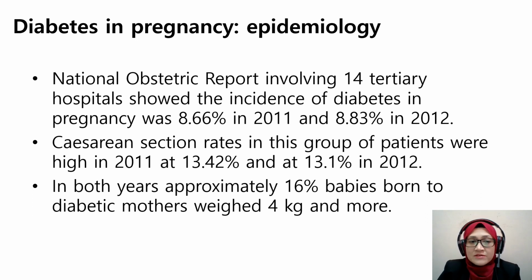So cesarean section rates in this group of patients were quite high, about 13%. So a high number of them also need to get cesarean section instead of normal vaginal delivery. In both years, approximately 16 babies born to diabetic mothers weighed 4 kilograms or more. So we'll talk further about the complications or consequences of women when they have diabetes in pregnancy.